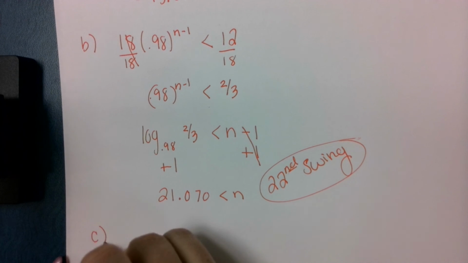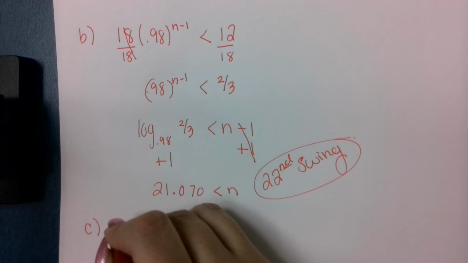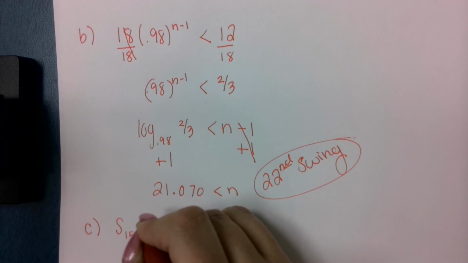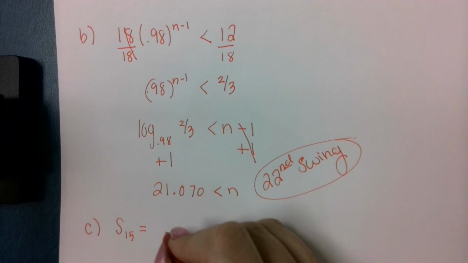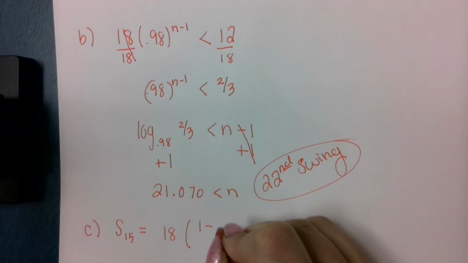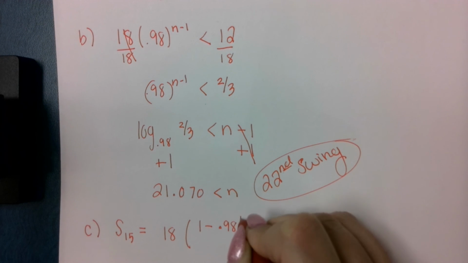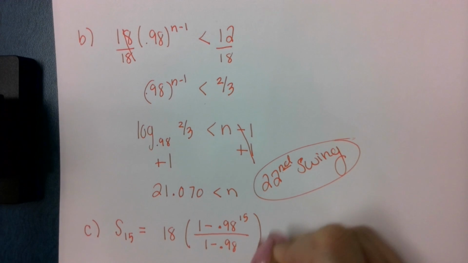Okay, question C asks for, after 15 swings, what is the total distance the pendulum has swung? So I want to find the sum of the first 15 terms. And our sum formula, remember, is a sub 1 times 1 minus r to the n, divided by 1 minus r. That's our sum formula.